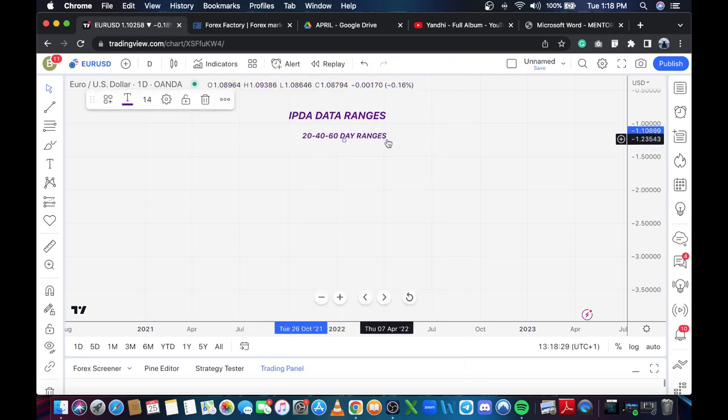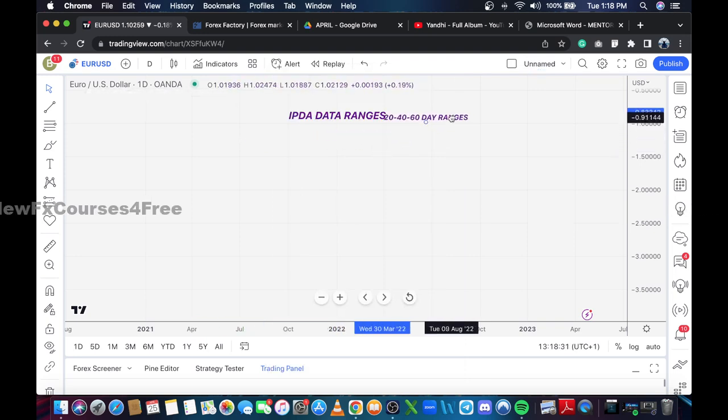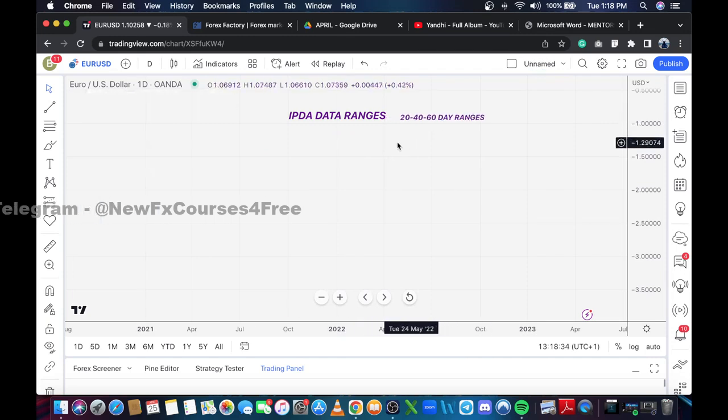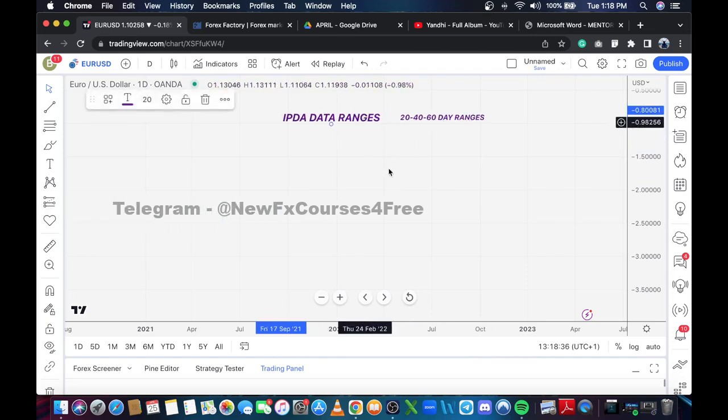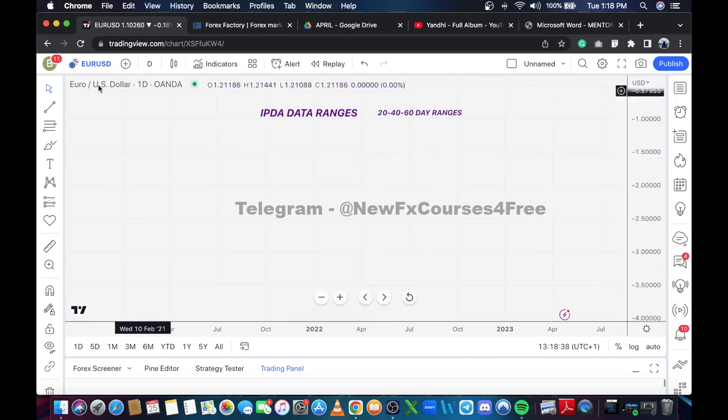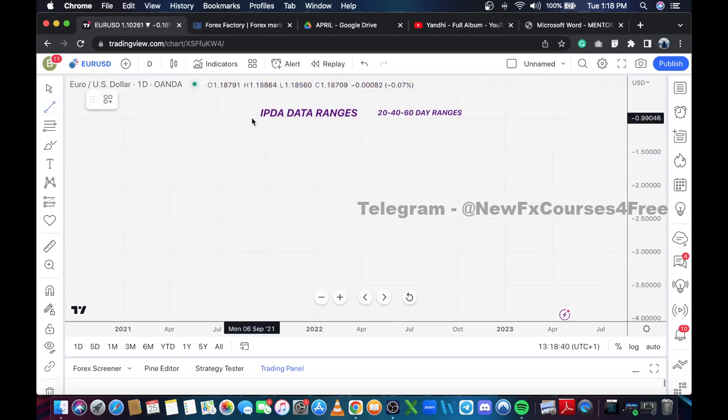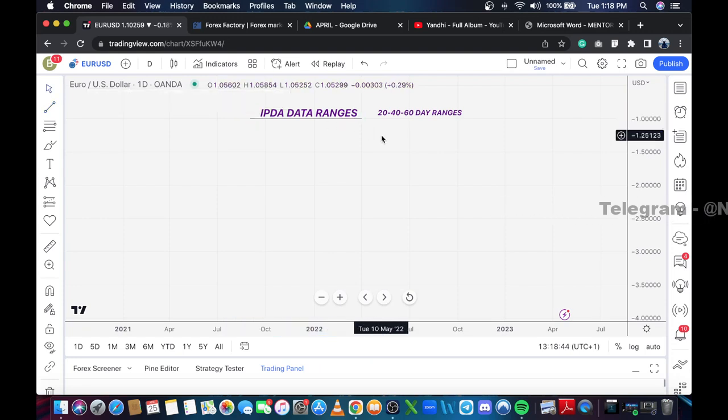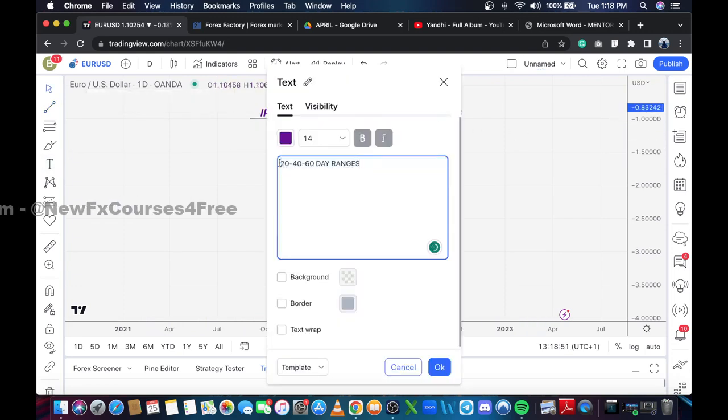It stands for Interbank Price Delivery Algorithm, and just like any program, it requires data for function. With the 20, 40, and 60-day ranges, what we're looking at is what we call a look back.